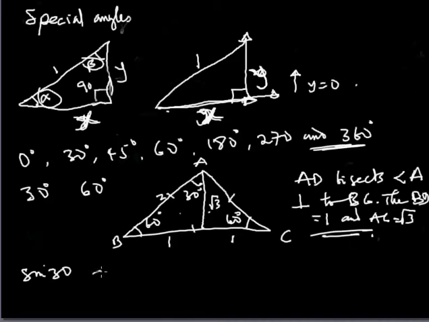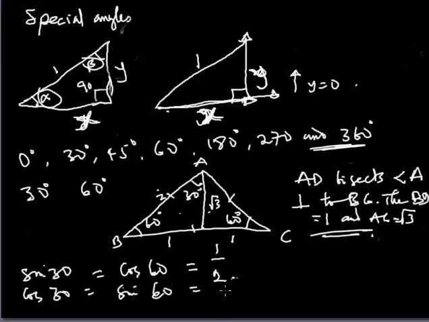It's the same thing as cosine 60, which is 1 over 2. And then cosine 30 is the same thing as sine 60, which is root 3 over 2.